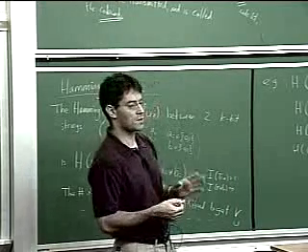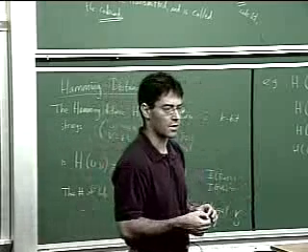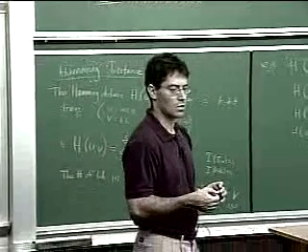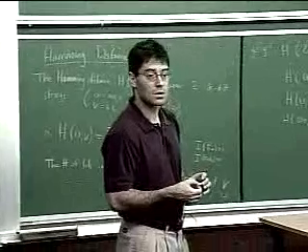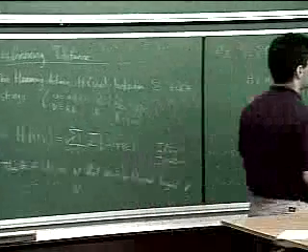Two to the n is the number of possible code words, but they're not all necessarily valid. Two to the k, yeah.